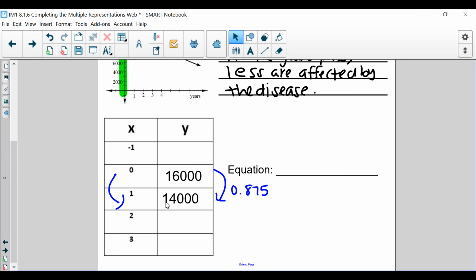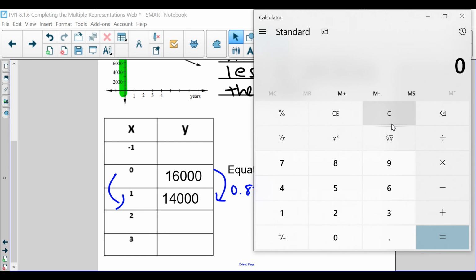You always want to take the new value and put it over the original value. The new goes over the original because you're trying to see how this occurs. And if you're not sure, just check it. Is 16,000 times 0.875 equal to 14,000? It is.